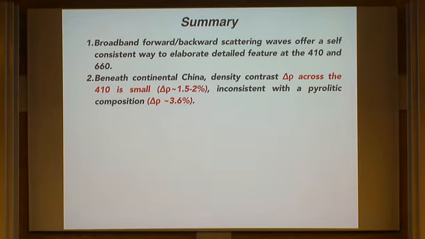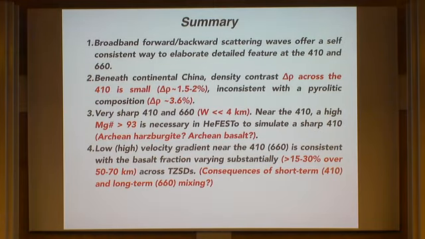So we just displayed a few summaries, and we used the broadband data to try to offer a good, consistent way to elaborate a detailed picture. We give a very small number over China, in this case about 1.5 to 2% density jump, which is very low compared with the pyrolite composition, which is about 3.6.